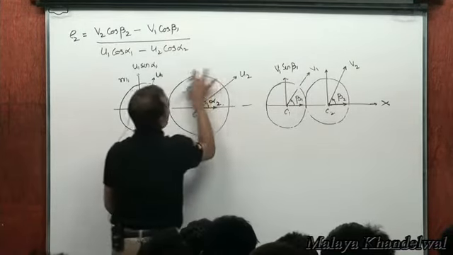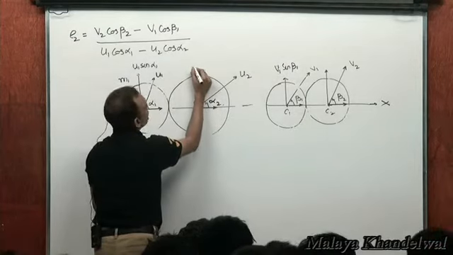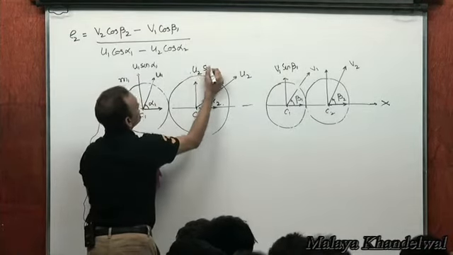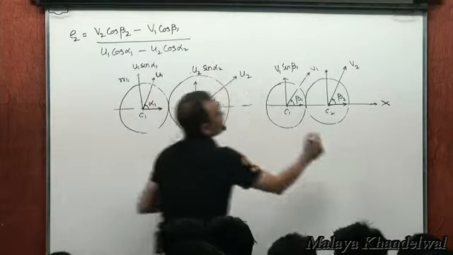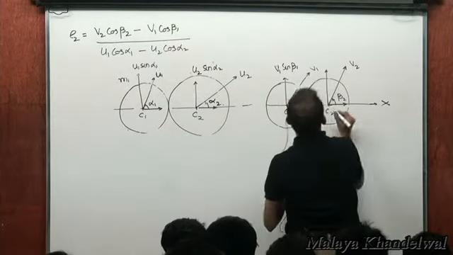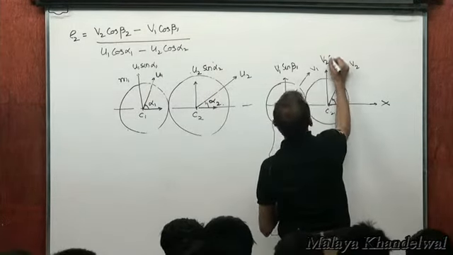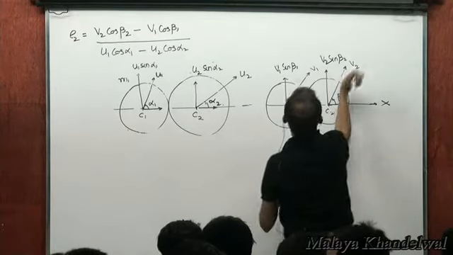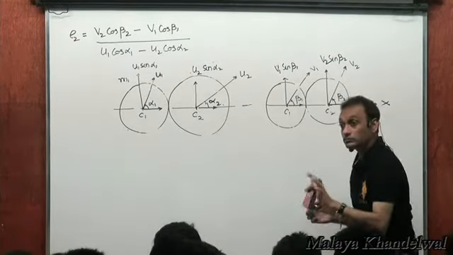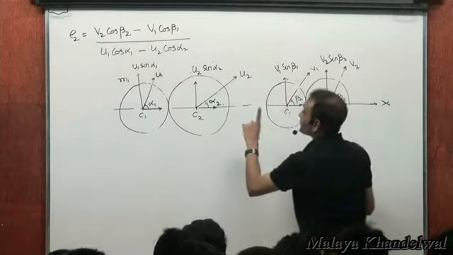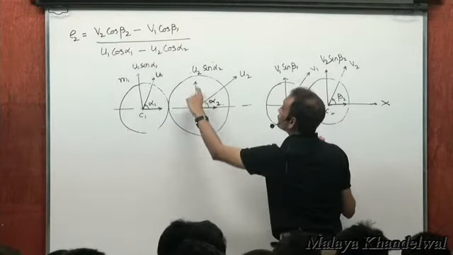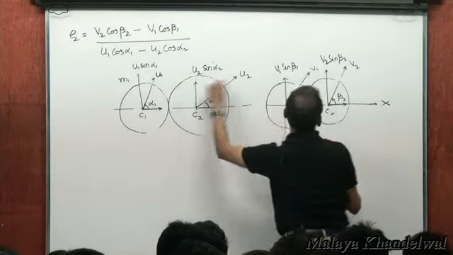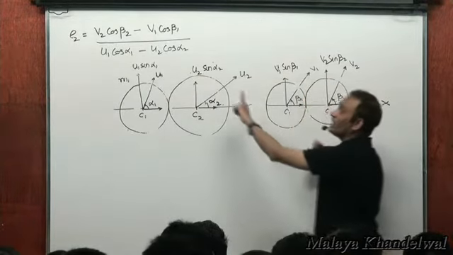Similarly, the velocity of m2 in this direction before collision is going to be u2 sine alpha 2. Velocity of c2 in this direction after collision is going to be v2 sine beta 2, right? Yes or no? So, if again they are smooth, the velocity of c2 in this direction before collision and after collision will be the same.